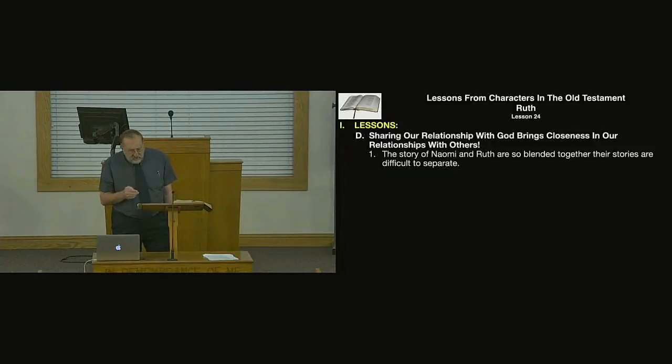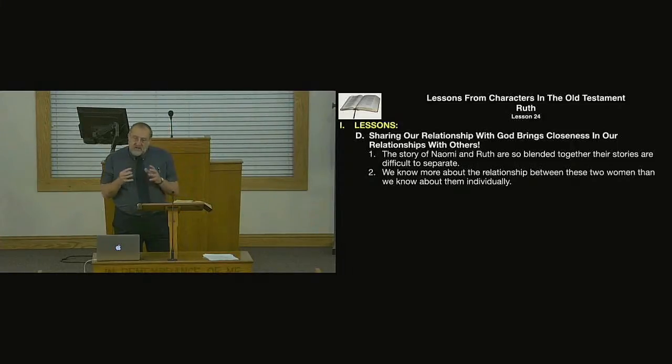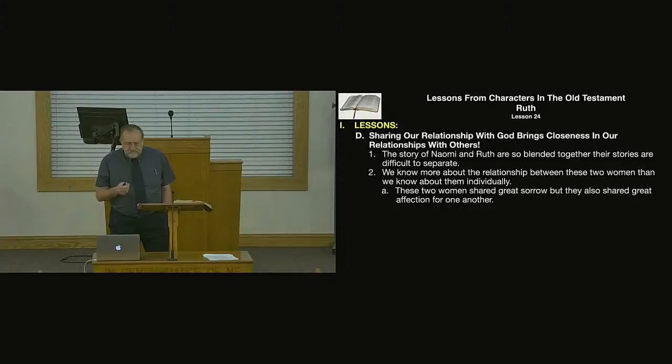The stories of Naomi and Ruth are so blended together that they are really difficult to separate. You see, we know more about the relationship between these two women than we know about them individually. These two women shared great sorrow, but they also shared great affection for one another.